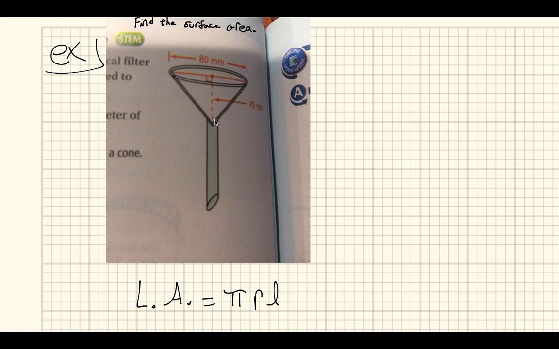You can see here, this is a right triangle. Okay, that's a right triangle. So I can use the Pythagorean theorem on this. This distance here is 40. This is 45. This is the hypotenuse.